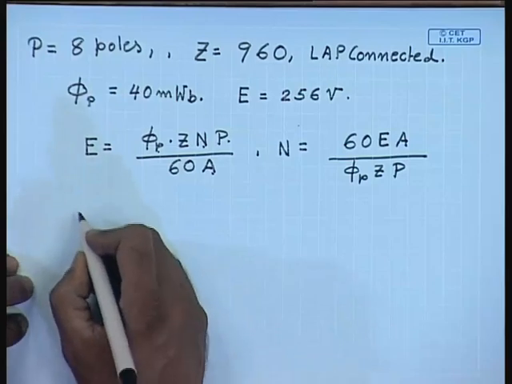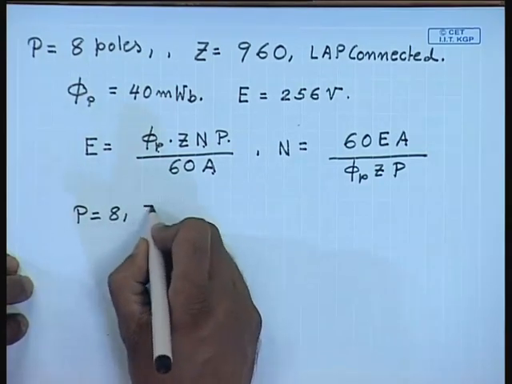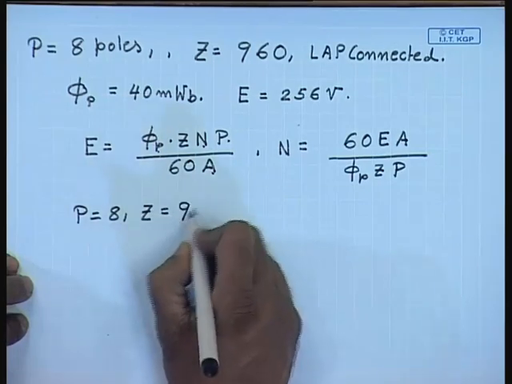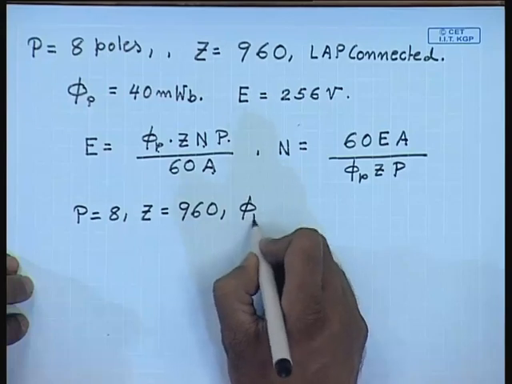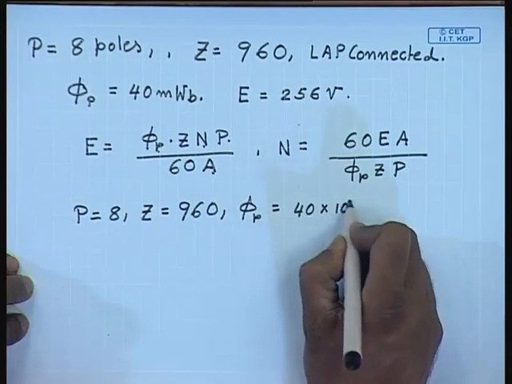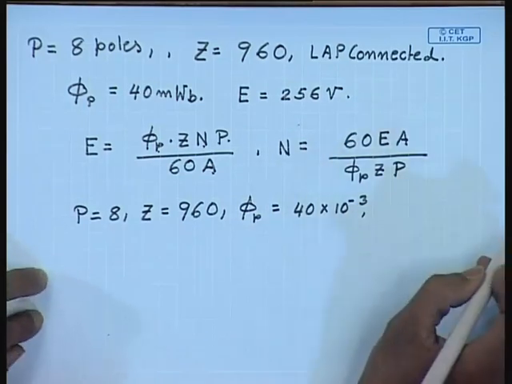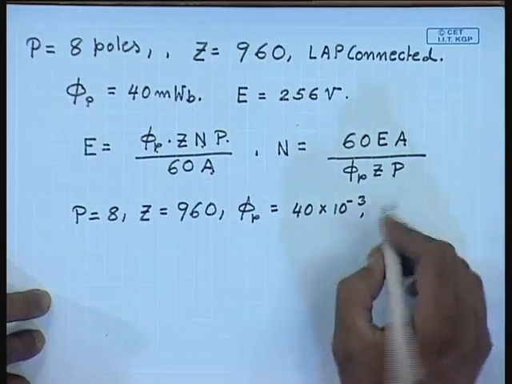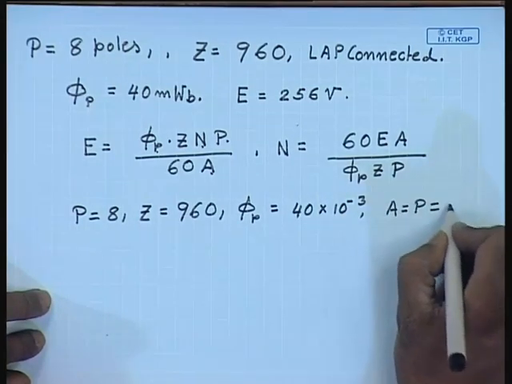In the given problem, p equal to 8, Z equal to 960, phi p equal to 40 into 10 to the power minus 3, and since the armature is lap connected, A is equal to P equal to 8.